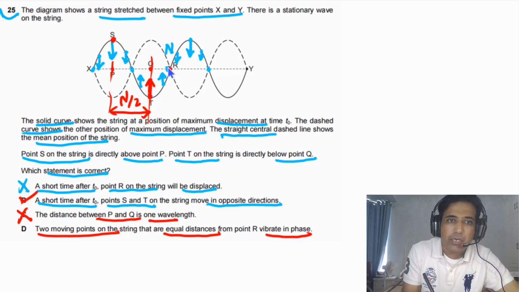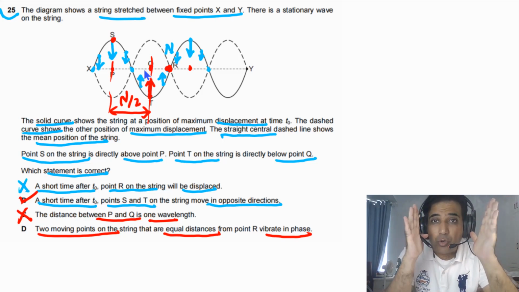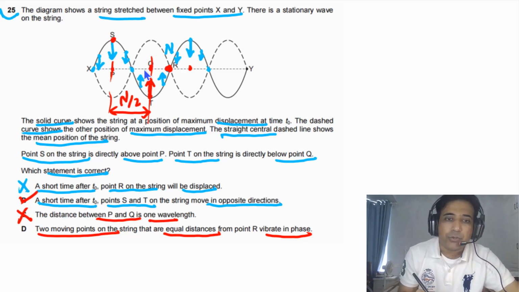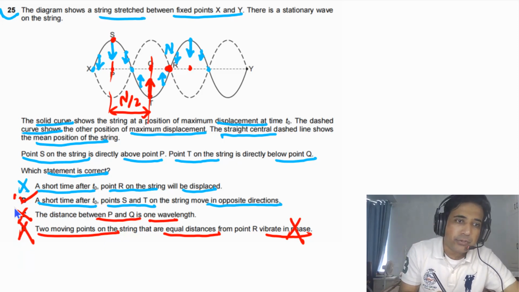We have point R here, so we can consider one point here and one point here. These points will be moving in opposite directions, not in the same direction, so not in phase. So this option is also incorrect. So the answer for this question is B.